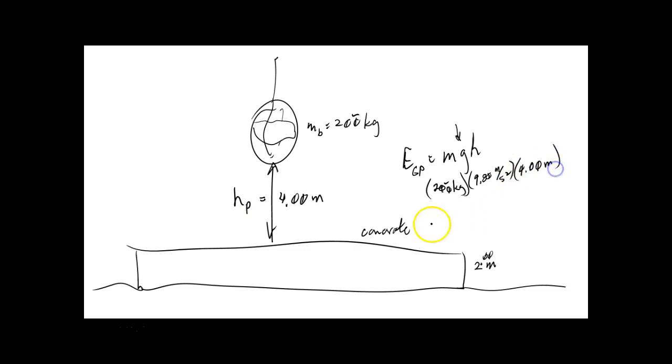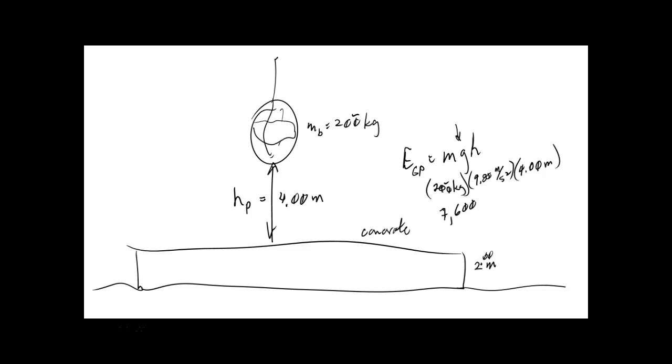4.00 meters. Okay? Multiply those together, and you get, that'd be 800 times 9.8 would be... I'm doing it in my head, so tell me if I'm right or not. 200 times 9.8 times 4.